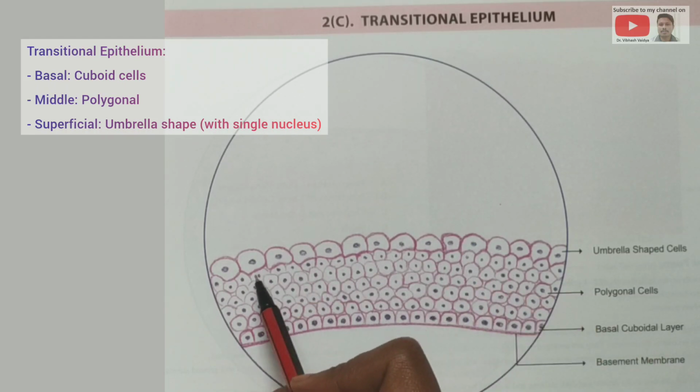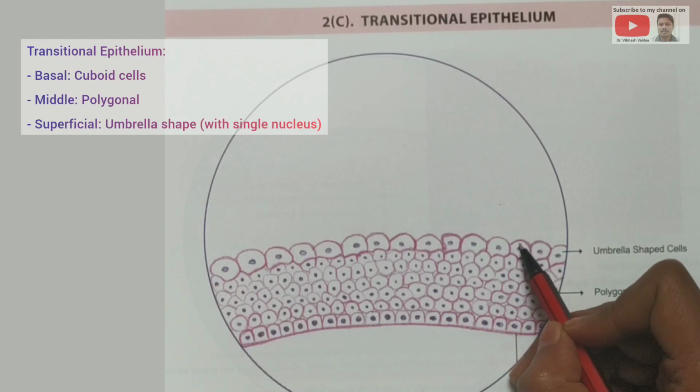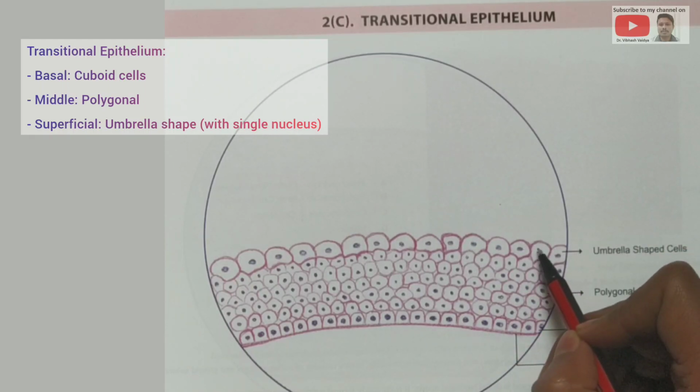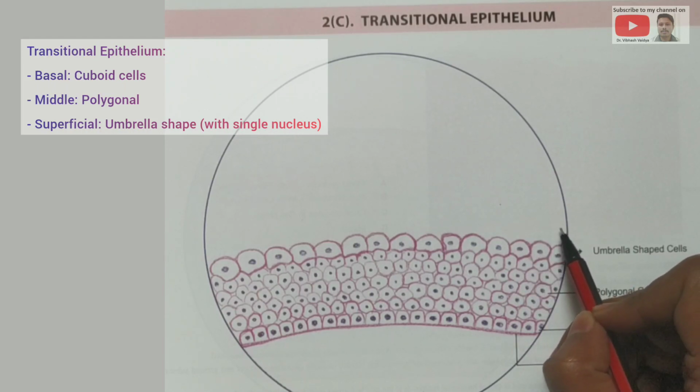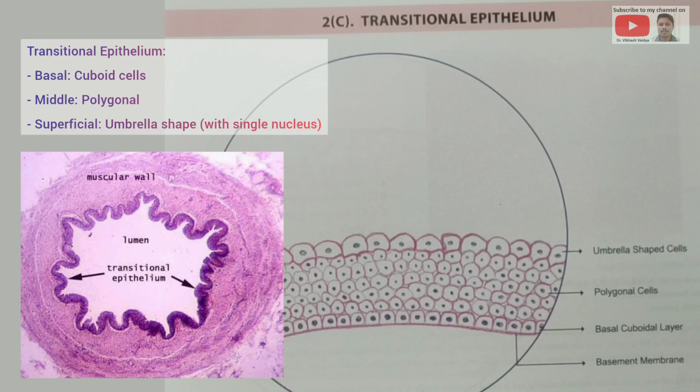This is the unstretched condition. In the stretched condition, only the upper superficial layer cells are stretched or flat. This epithelium is the urothelium, or lining of the urinary bladder and ureter.